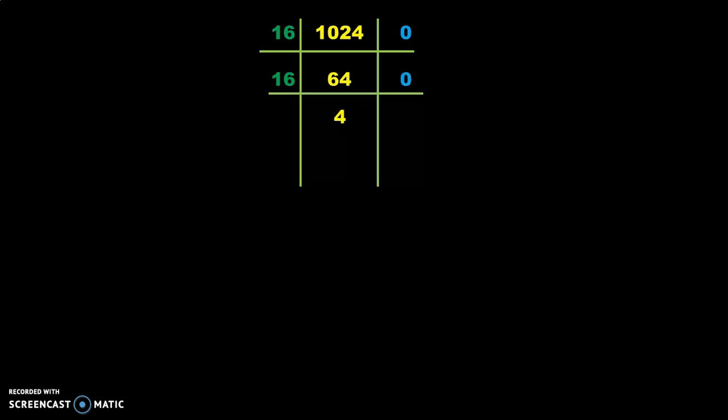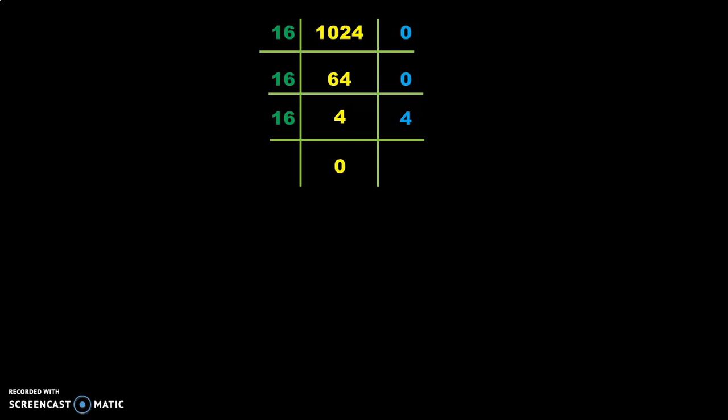When we repeatedly divide the quotient by 16, we have to divide 4 by 16, but that division may not be possible and we write quotient as 0. We can terminate our process of repeated division at this point, and the last quotient, that was 4, automatically becomes a remainder.